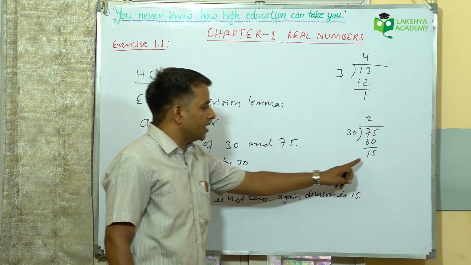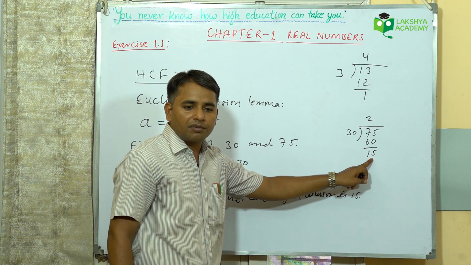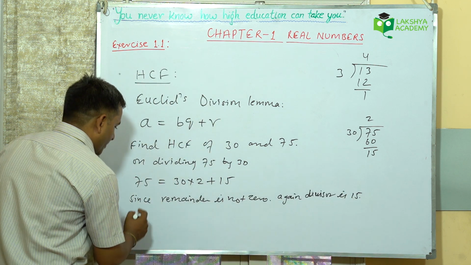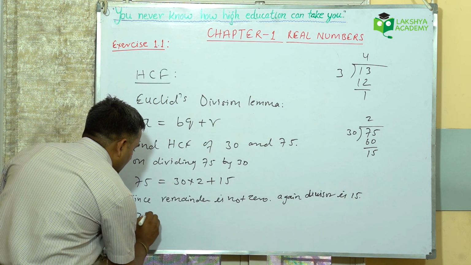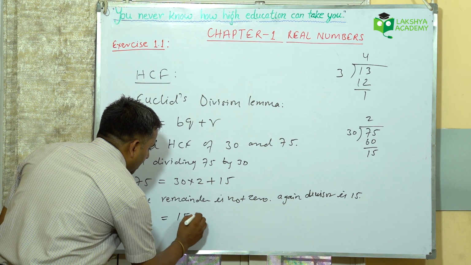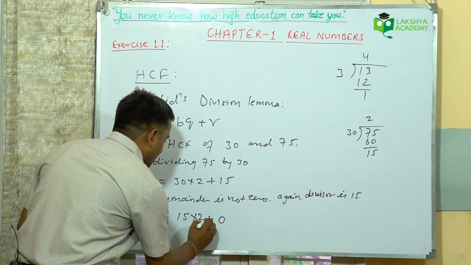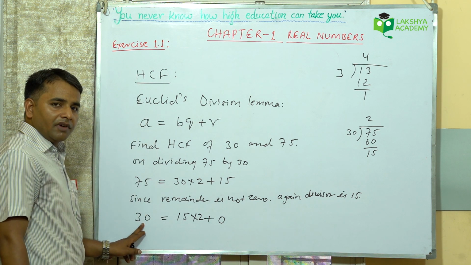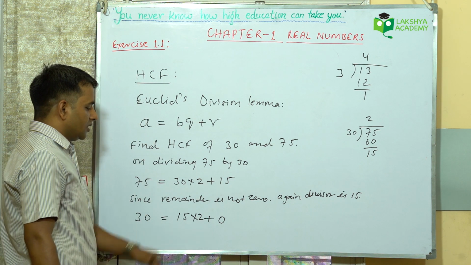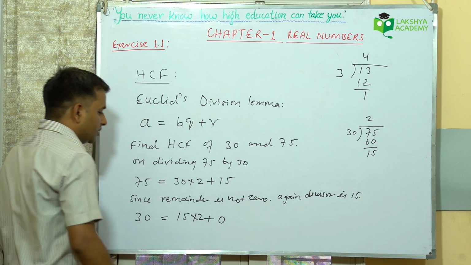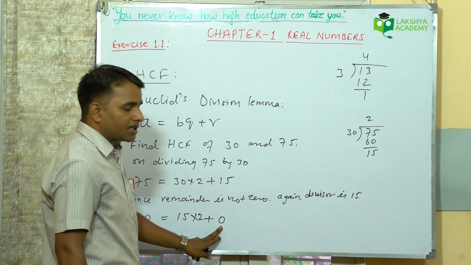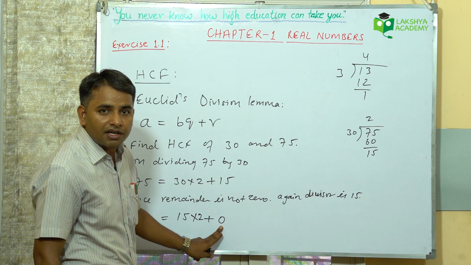So whatever the remainder is in the previous step, that will become the divisor. So 30 = 15 × 2 + 0. On dividing 30 by 15, we get 2 as the quotient and remainder as 0. So now the division lemma will terminate, because here we are getting the remainder as 0.